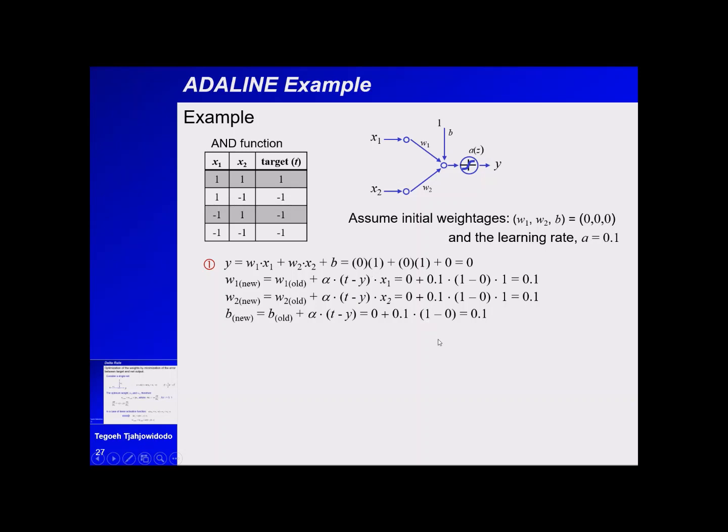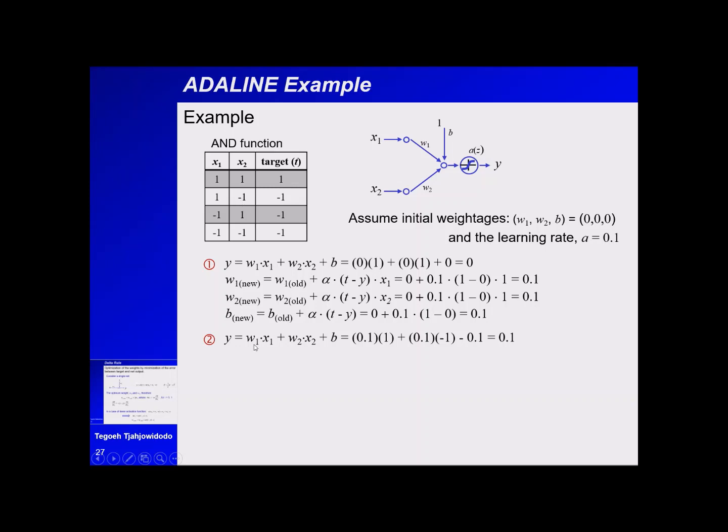So the target is minus 1 now. I will take the second iteration. So I calculate the y, the output of this network for the two inputs from the second data set.